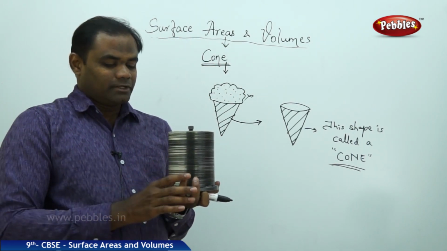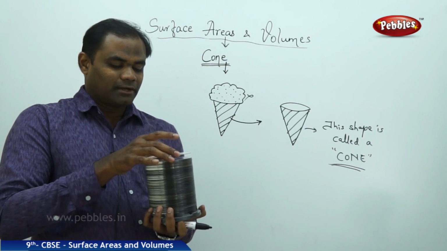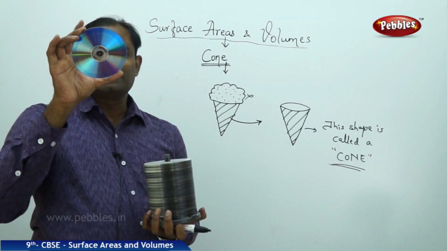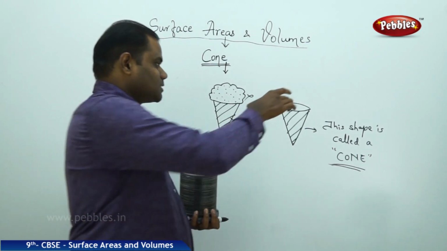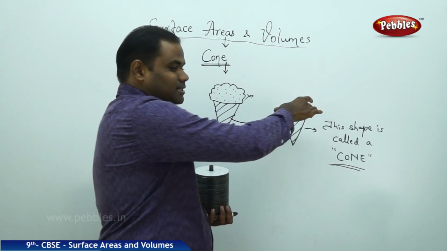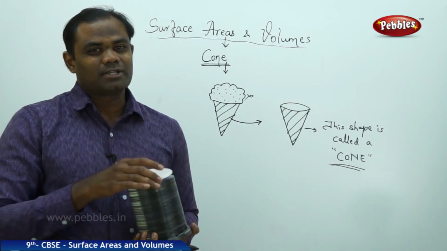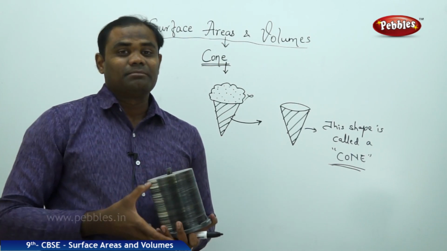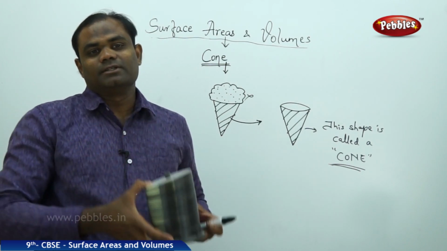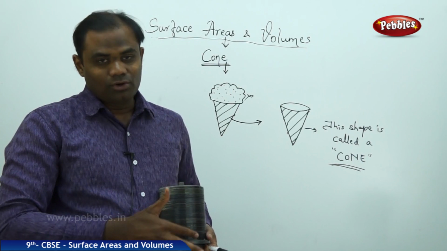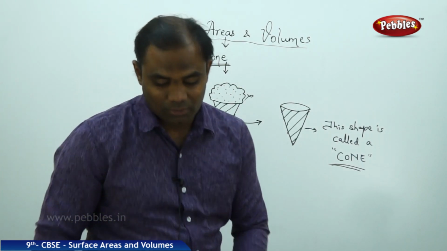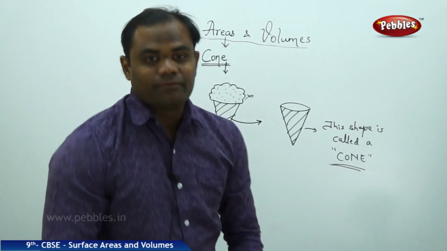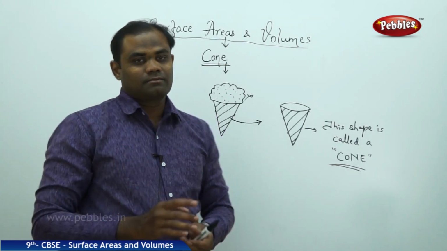Now we will investigate what happens if I start reducing the size of the CD as I go down. The first CD is on the top, then the next CD is a little smaller in size, and we get a shape quite different from a cylinder. A cylinder has all CDs of the same size, but a cone has CDs which are decreasing in size.